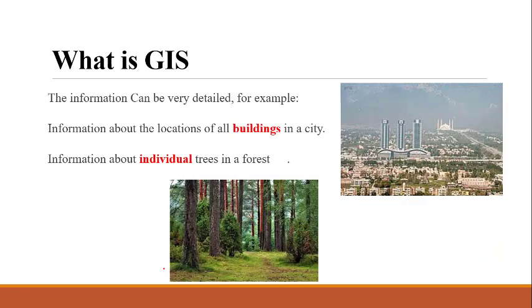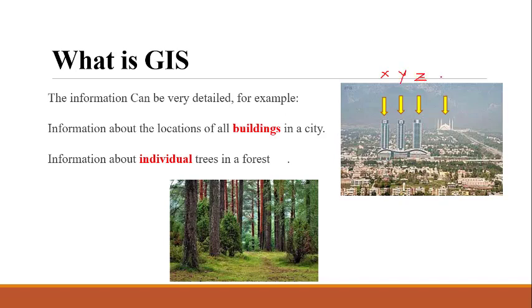GIS data can be very detailed. For example, if you want to see a specific city, and in that city you want to take the detail of every building, it can be detailed.